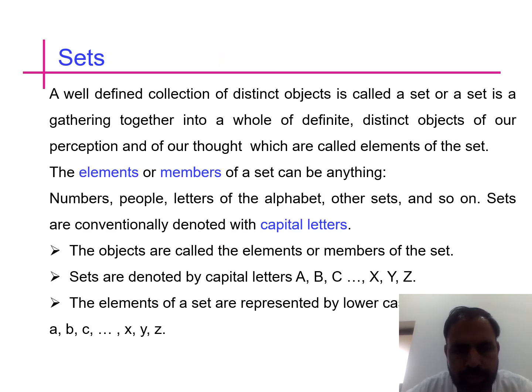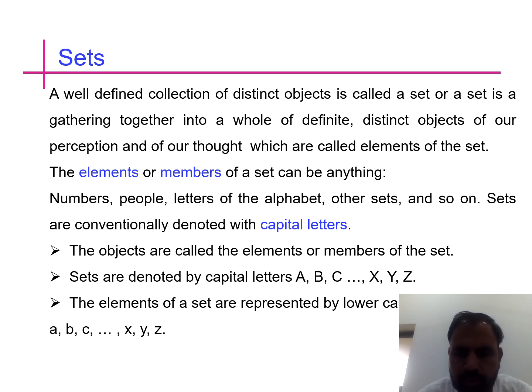What are sets? A well-defined collection of distinct objects is called a set. Or a set is a gathering together into a whole of definite distinct objects of our perception and of our thought, which are called elements of the set.